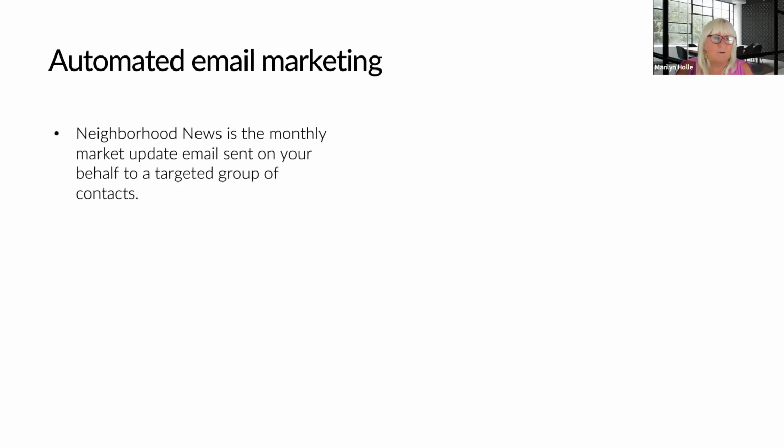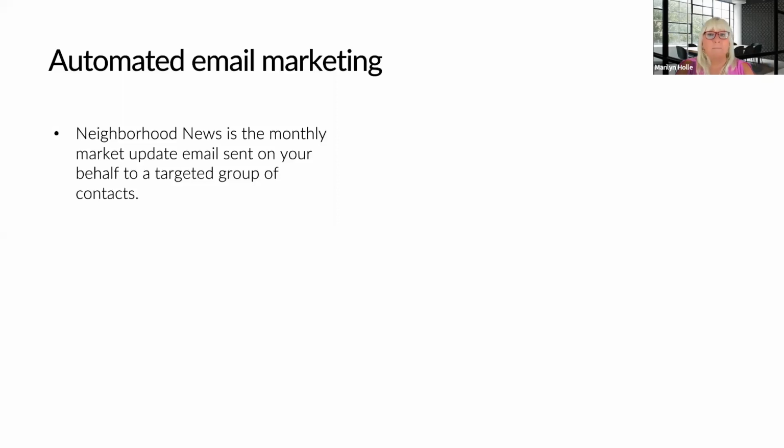The neighborhood news is phenomenal. It is not just a newsletter. It is based on market statistics and metrics. You can do it by a geographic area, or by a zip code. You can set them up in several different ways where they can receive information. I have been set up on one, so I get that neighborhood news on a monthly basis.